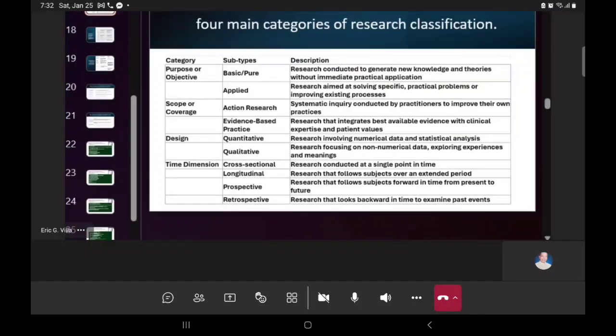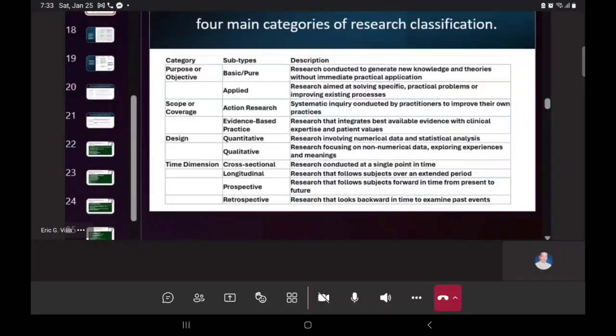Prospective studies follow subjects forward in time, collecting data as an event unfolds. This approach is particularly valuable for understanding cause and effect relationships and predicting outcomes based on initial conditions or interventions.